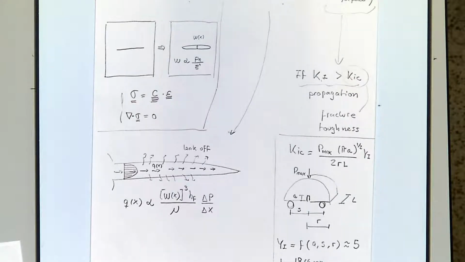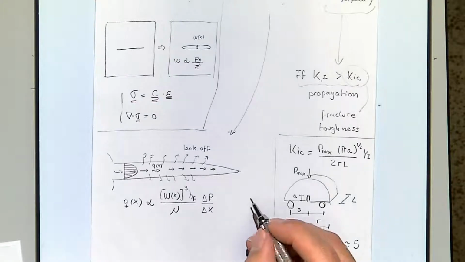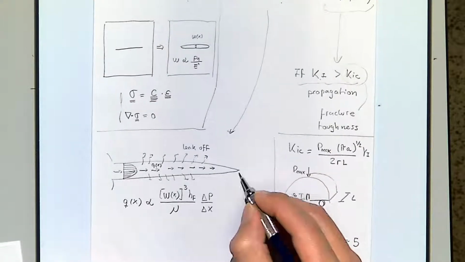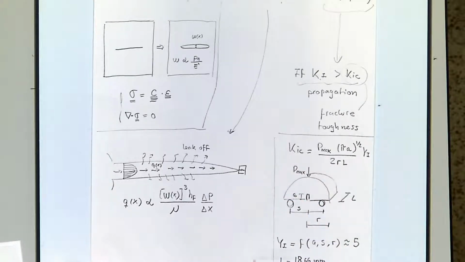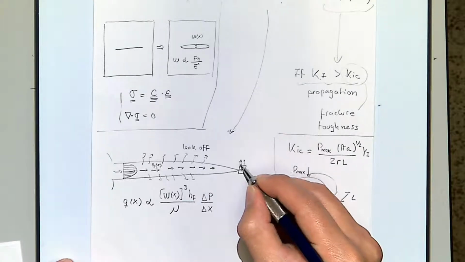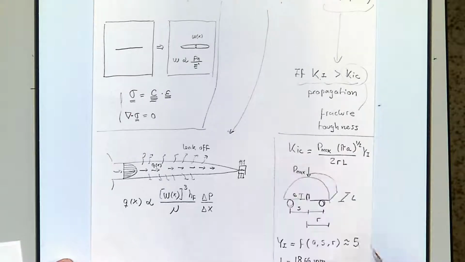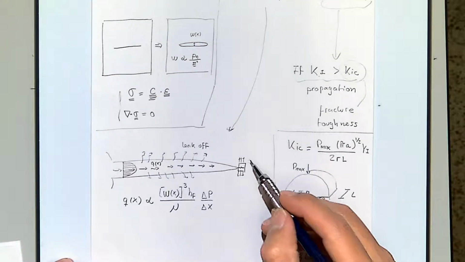So the last piece of the puzzle over here is that, remember, in order to propagate this fracture, we need to break the rock in this location, and that's going to depend on the fracture toughness.